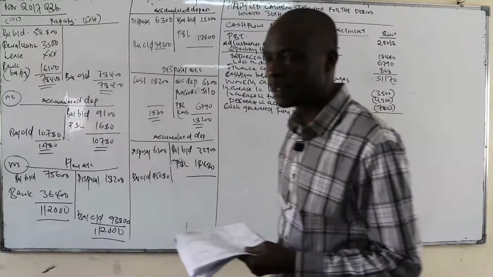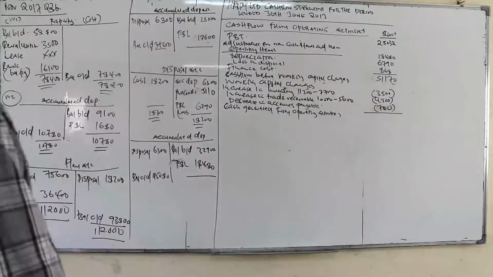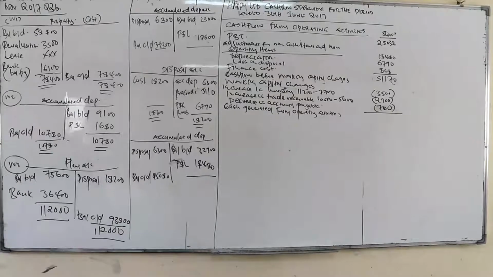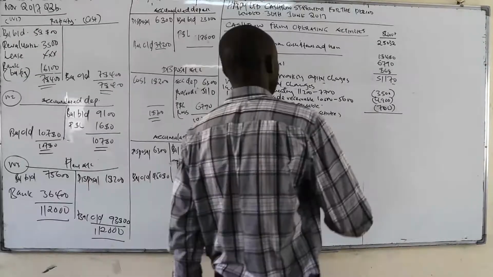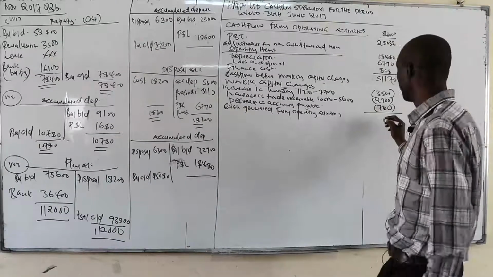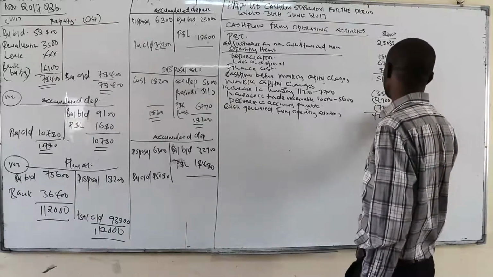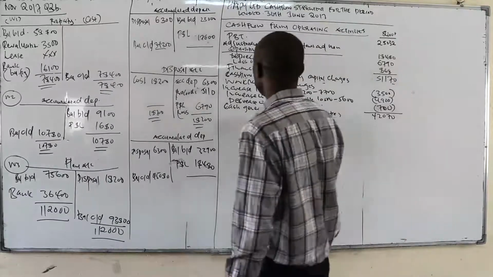What do you get? 42,070. Now then you less tax paid.